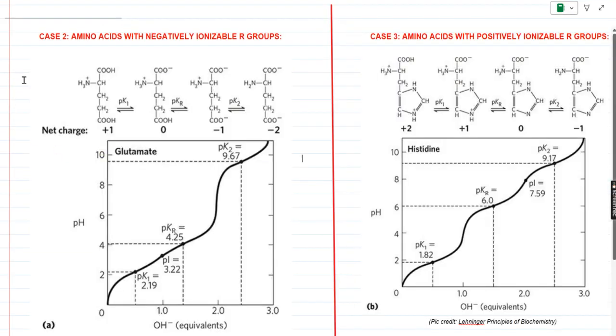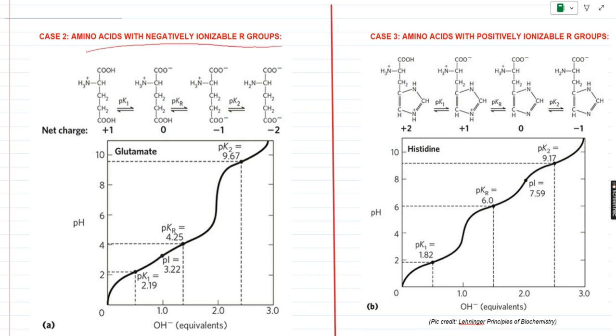Okay, so if you see here the case 2 that I've mentioned, these amino acids have a negative ionizable R group, which means they are acidic amino acids, and they have ionizable R groups that bear negative charge.